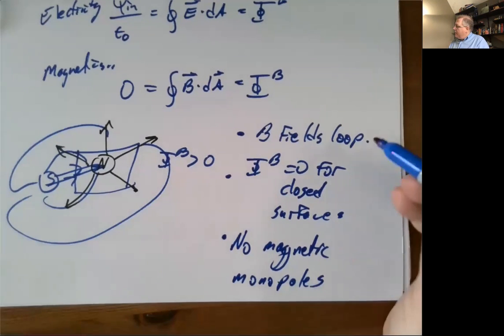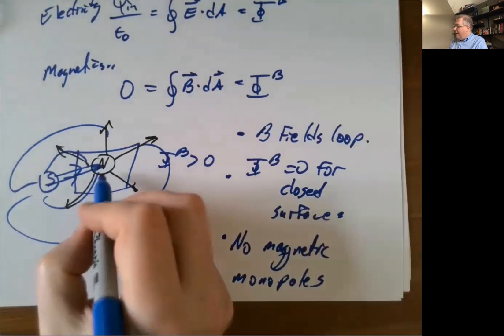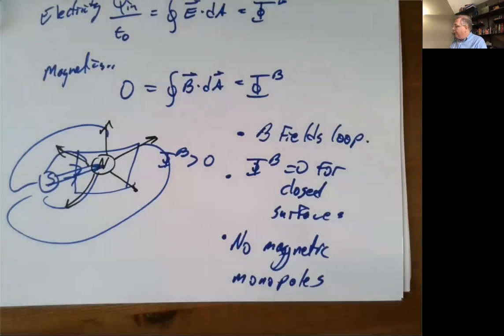And these 3 statements are all the same thing. That is to say, you can't have a North Pole by itself. So you always make loops, and if you always make loops, then the flux through your closed surface is always 0.